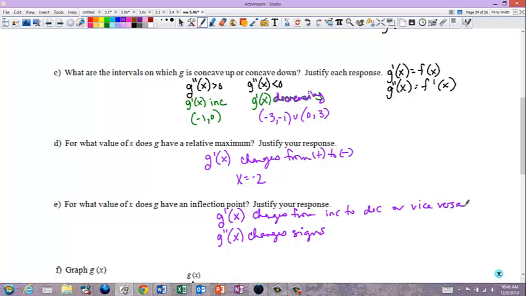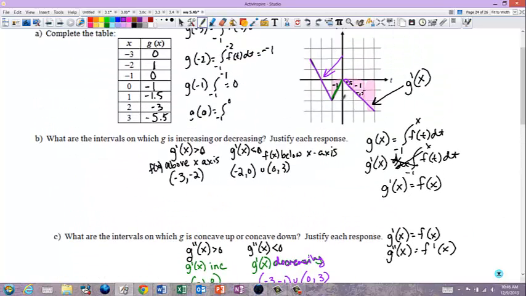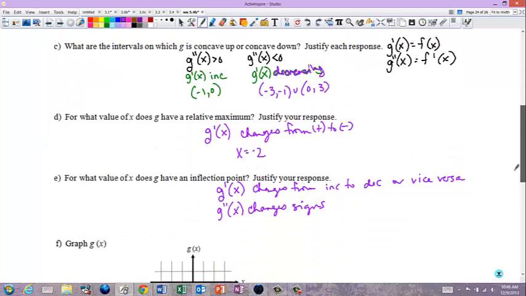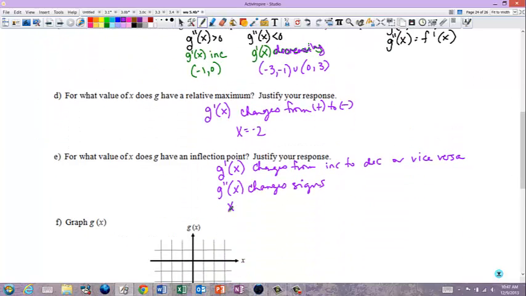So, in other words, it's the maxes and mins of the graph of the derivative. So, it looks like at -1 and at 0. Remember, inflection points are just maxes and mins. X equals -1, x equals 0.